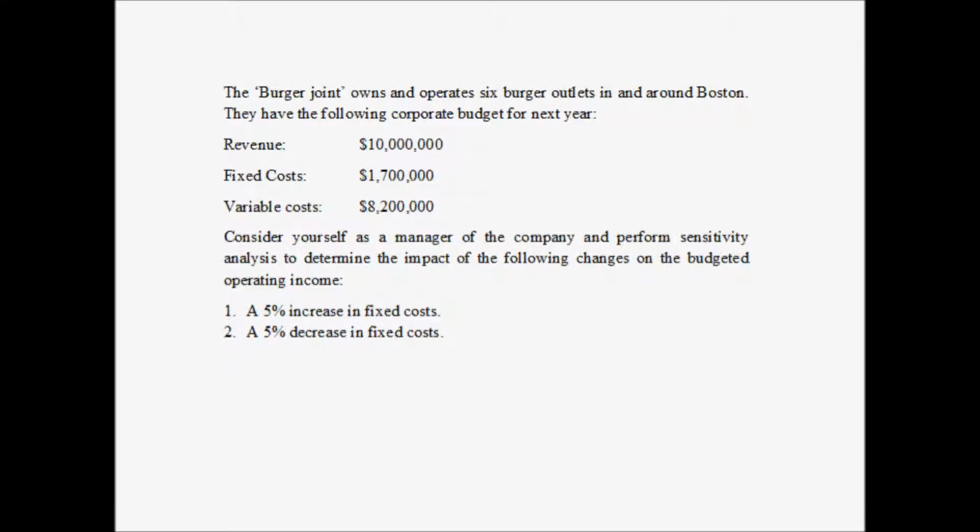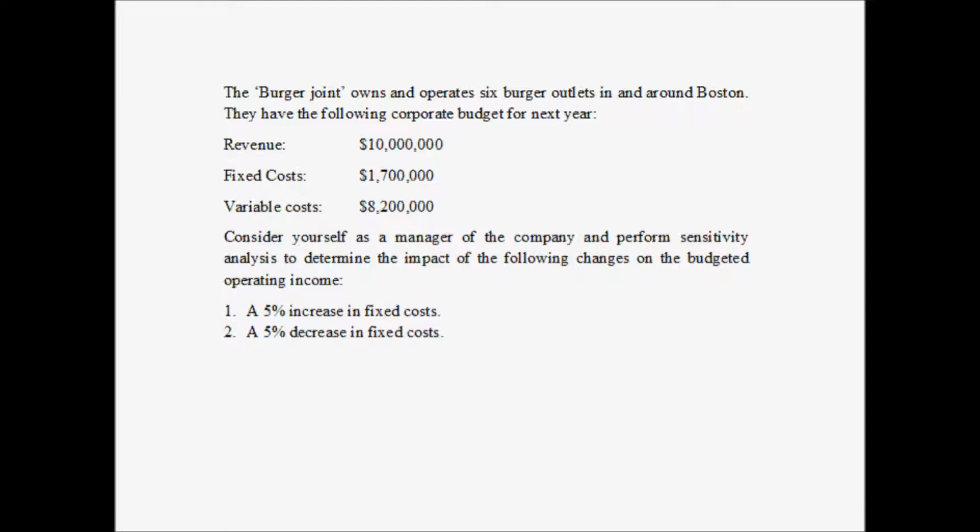The burger joint owns and operates 6 burger outlets in and around Boston. They have the following corporate budget for next year. So this company, Burger Joints, is in the process of budgeting for next year, and they determine that they are going to make a revenue of $10 million.